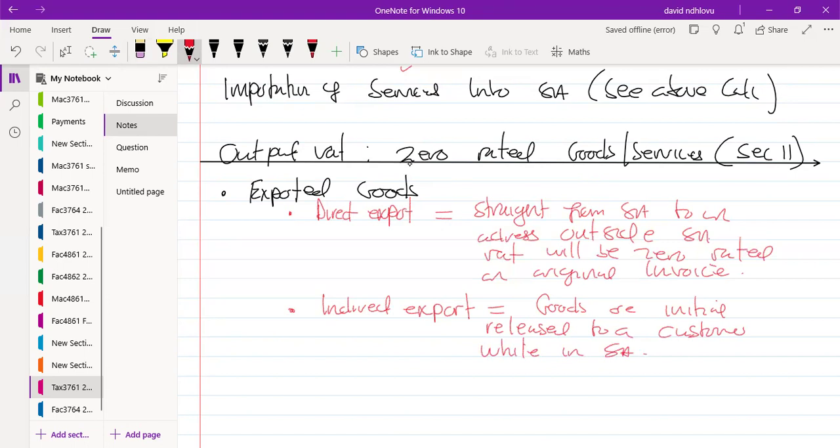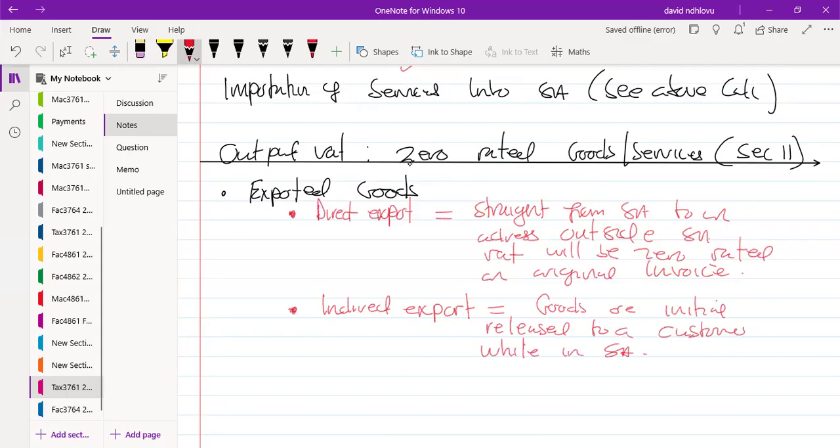With a direct export, someone is in Botswana, they've made an online order to a South African supplier and put their address as Botswana. The South African company now couriers the goods from here to Botswana. That's a direct export.